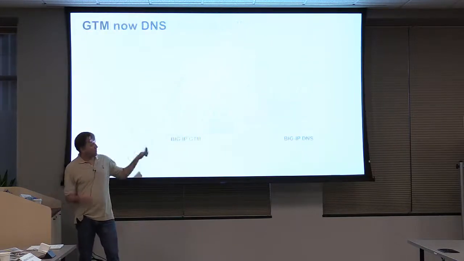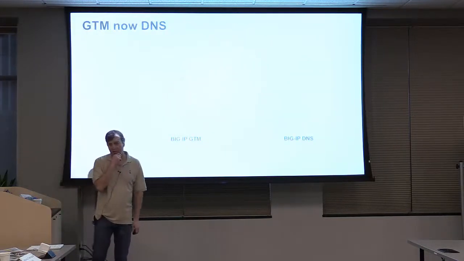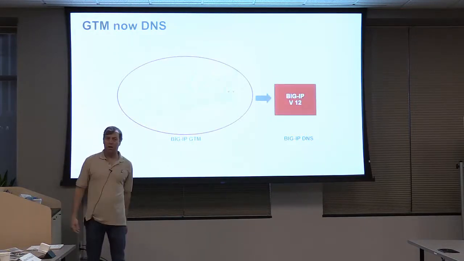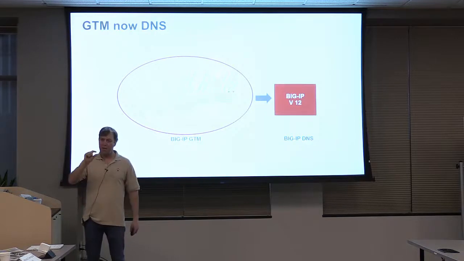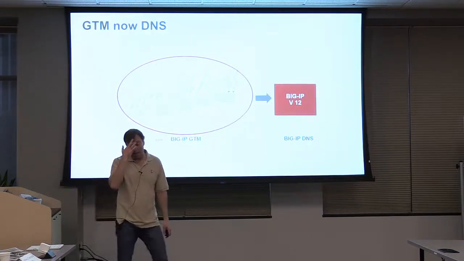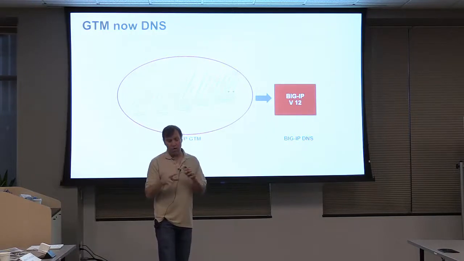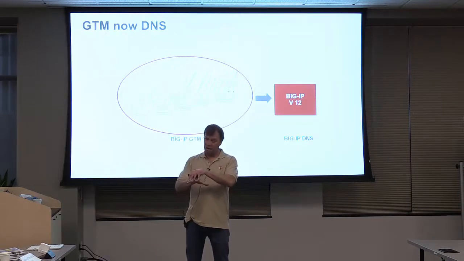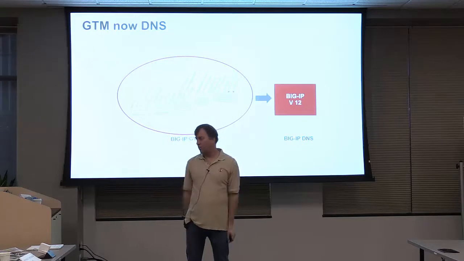So how I pitch it is, when we came out with version 12, the biggest change that we made was the name. There were features that we added, but small features. We changed the name. How I answer that is we wanted to call out that this product does a lot more with the DNS infrastructure or protocol than just global server load balancing.